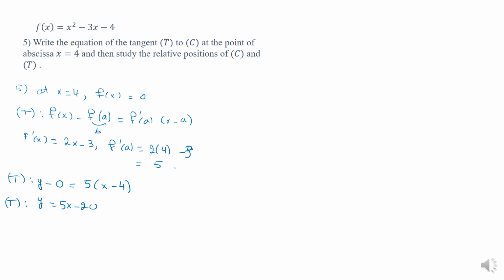Now to study the relative positions of C and T, you need to find f of x minus y, where y is the equation of the tangent. This is f of x, x squared minus 3x minus 4, minus 5x minus 20.